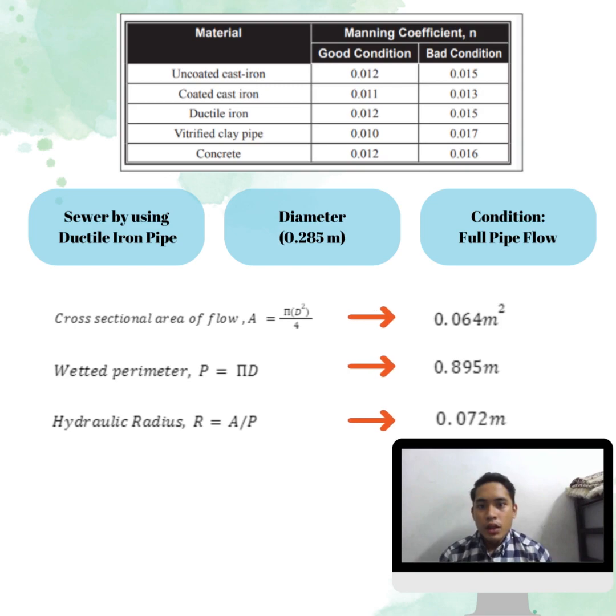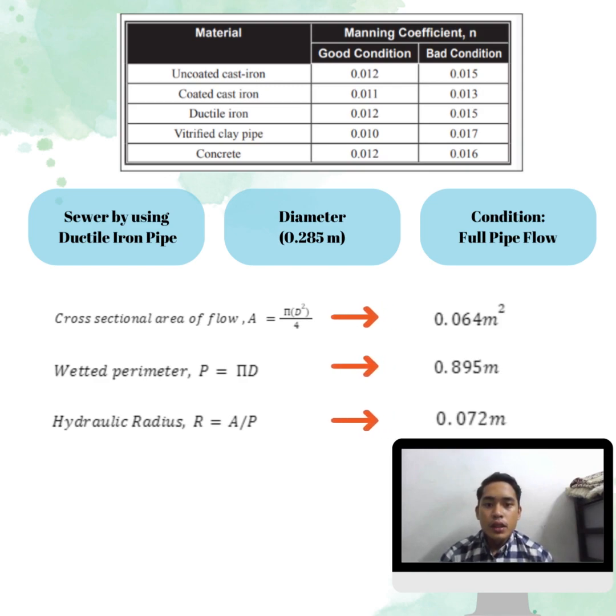For the next one, for this project, we consider that we use ductile iron pipe with a diameter of 0.285 meter, and we consider that the condition of the flow is full pipe flow. From that, we need to calculate the cross-sectional area, wetted perimeter, and hydraulic radius. For the cross-sectional area, the full pipe flow formula is pi d squared over 4.